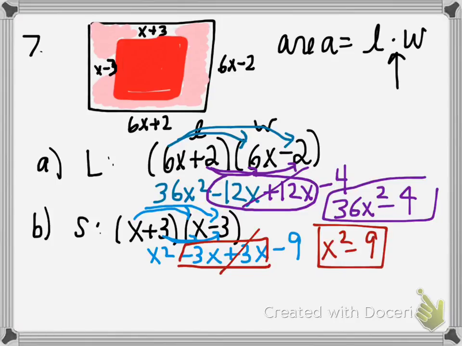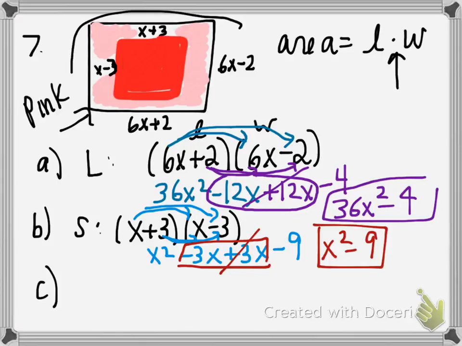So lastly, part C. Let me read the paper. It says, express the area of the lighter shaded region, which in this case is the pink. So find the area of just the pink and express that in expanded form. Well, if I gave you a pair of scissors and I told you to take this, if I had this on a piece of paper and I said, cut out and just give me back the pink shaded, because that's the area we want, you would cut out the red rectangle.